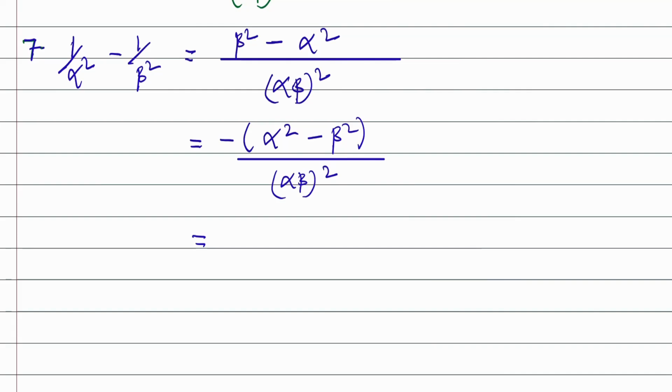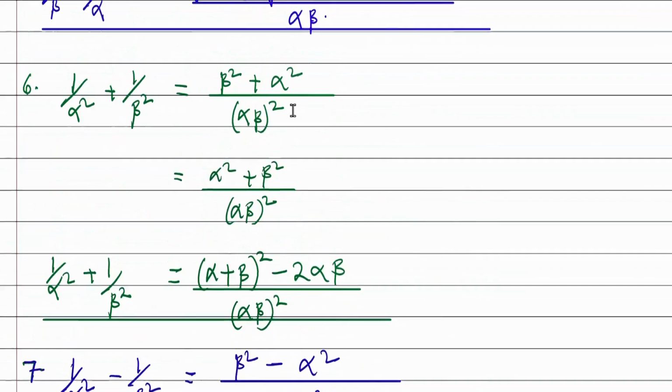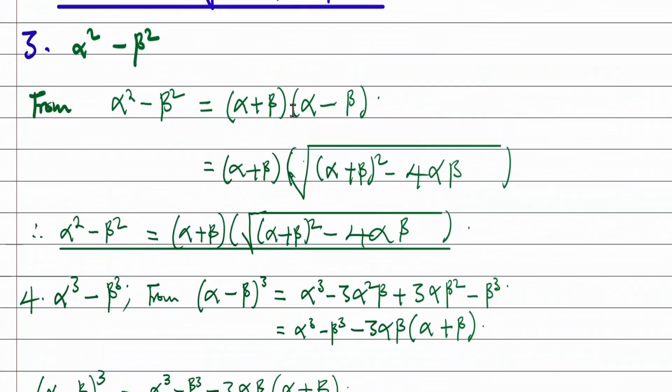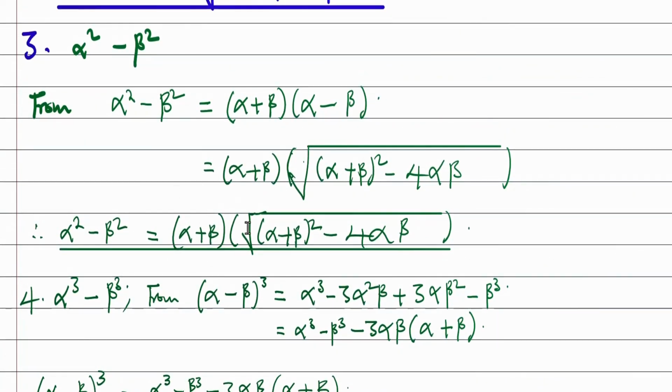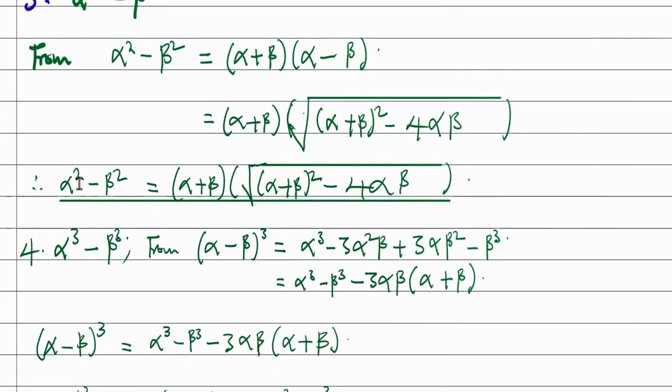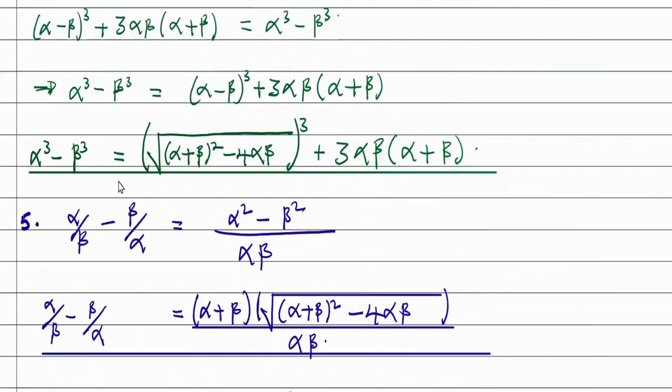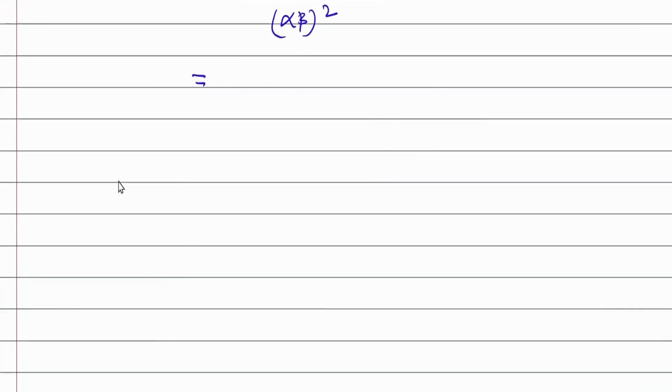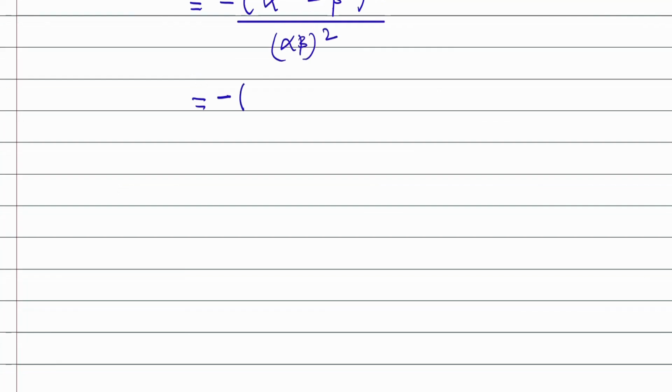And from our previous number, let's first find out what is the equivalence of alpha squared minus beta squared. It is now in number 3. It is here. So we can just substitute this in where there is alpha squared minus beta squared. So we are going to have minus alpha plus beta into the square root of alpha plus beta squared minus 4 alpha beta.